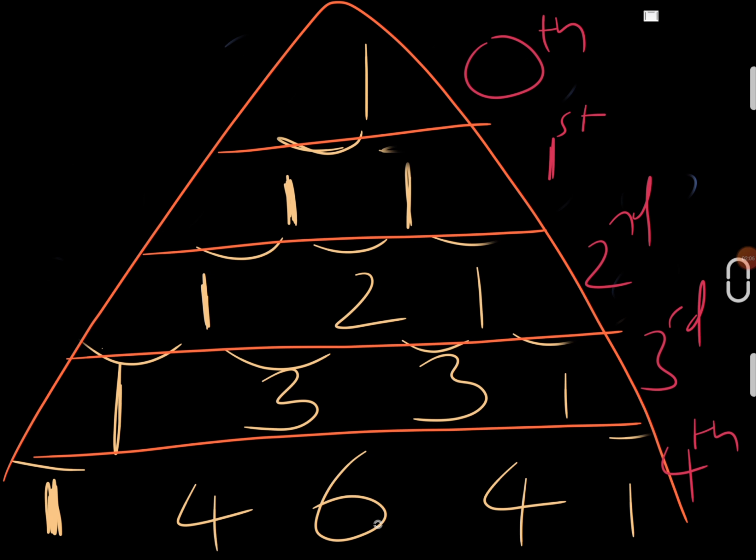Remember that the row counting starts from 0 in Pascal's triangle. It starts from 0, 1, 2, 3, 4, 5, and this goes on to infinity.